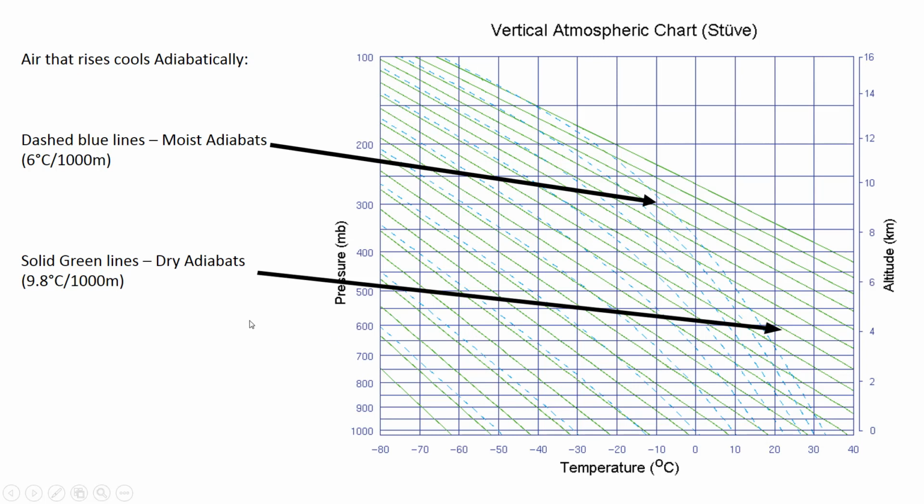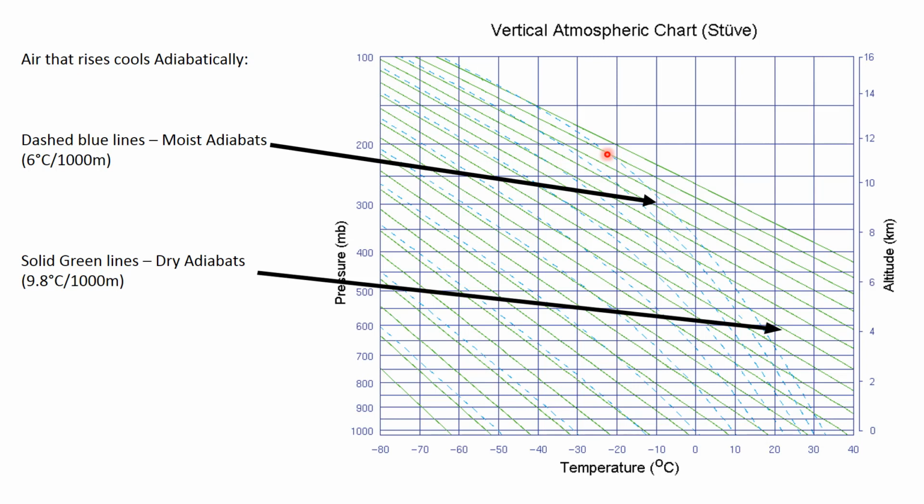There are two sets of lines on here. Let me pull up my laser pointer. There are two sets of lines here. The first set of lines are these dashed blue lines. These dashed blue lines are what are called moist adiabats. So what happens is as air rises and expands and cools, eventually it can cool to the dew point.